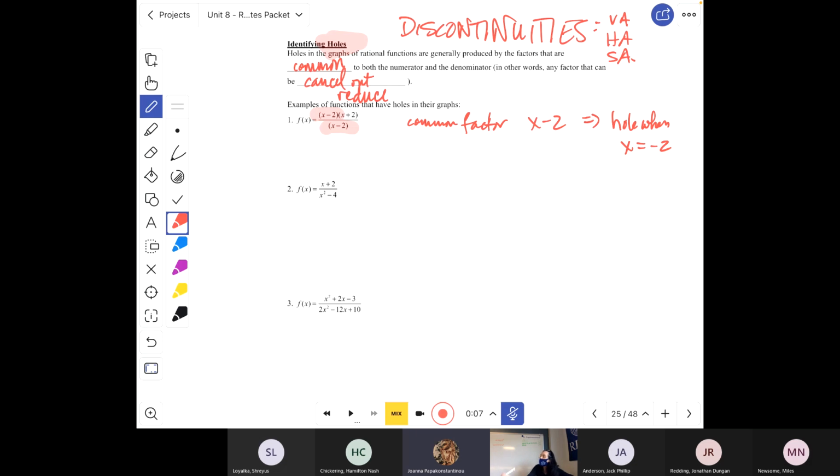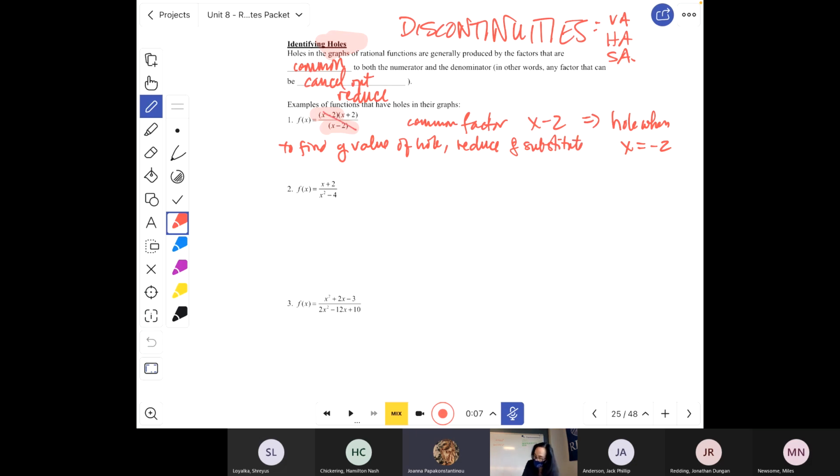So I have the x value. How on earth do you think I'm going to find the y value? Well, to find the y value of the hole, reduce, meaning cancel out those common factors, and substitute in that x value.